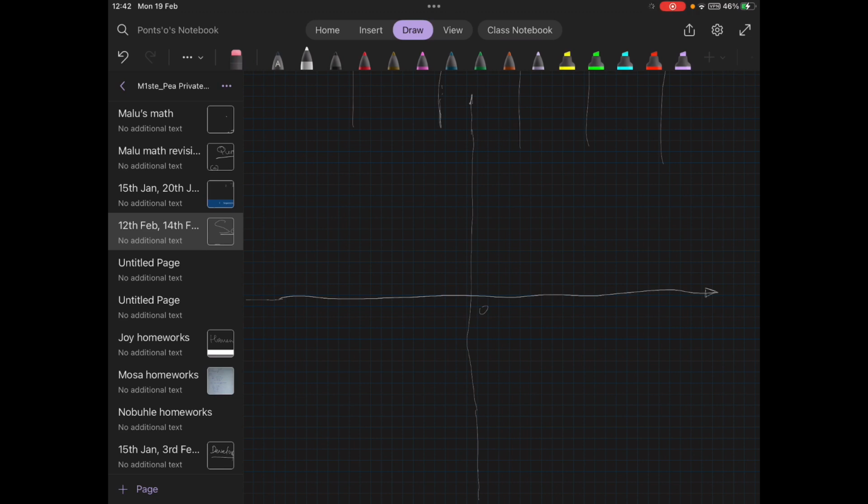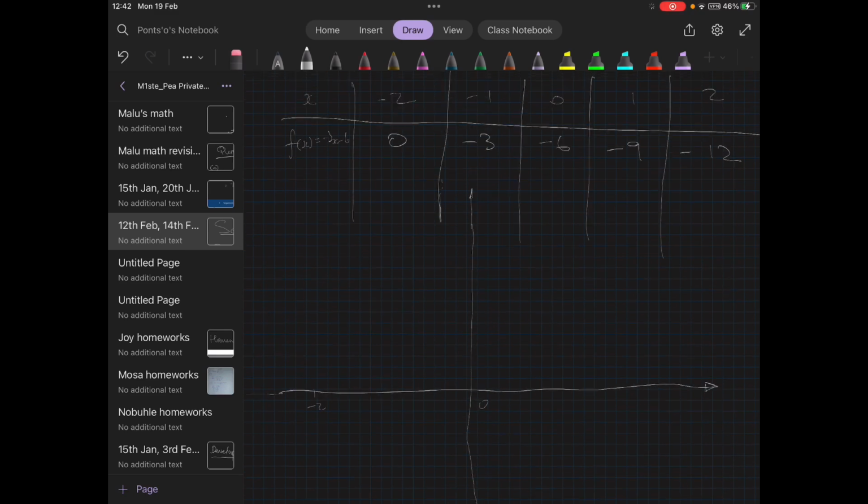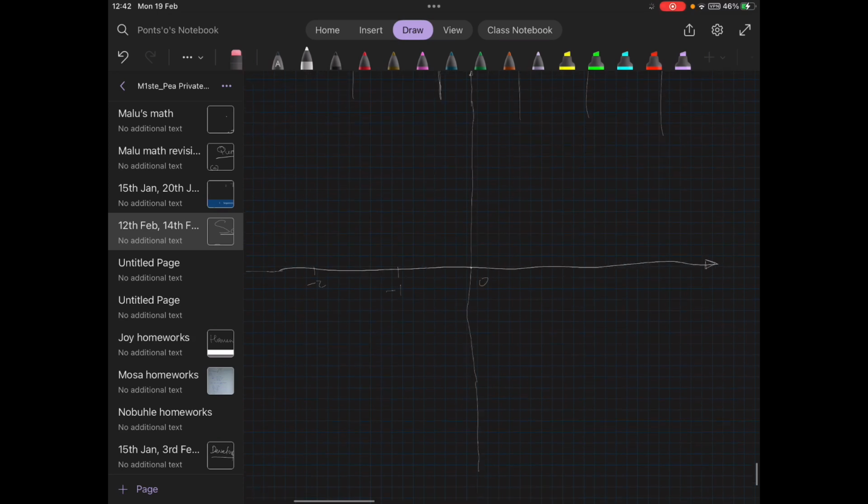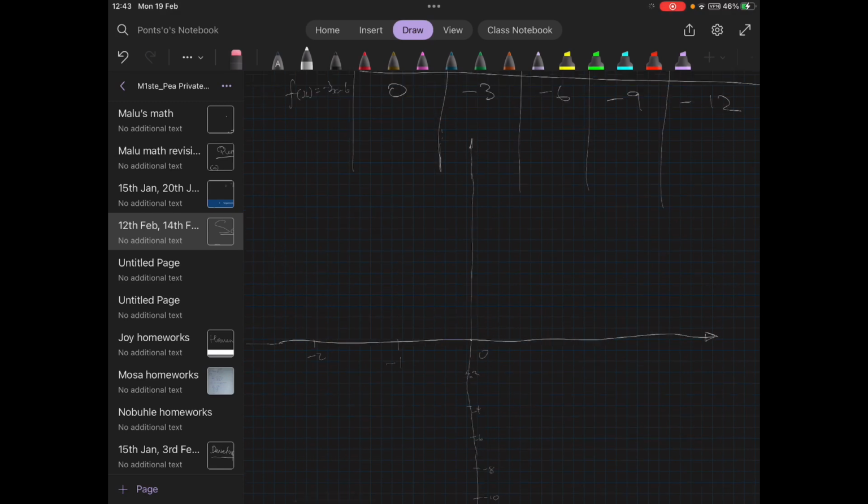Alright, so negative 2 maps to 0, negative 1 maps to negative 3. Then 2, 4, 6, 8, 10, 12.